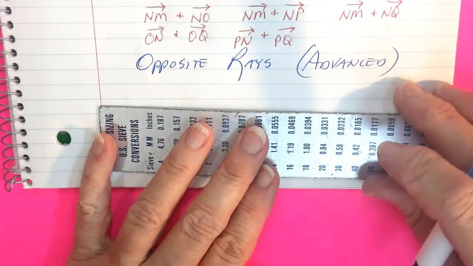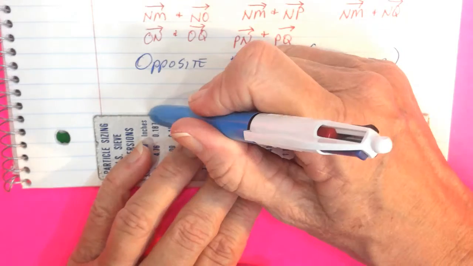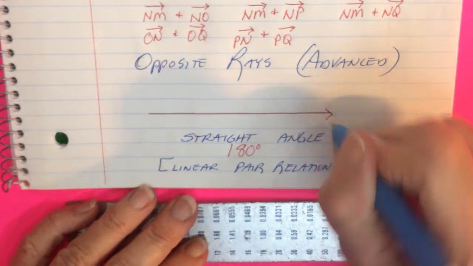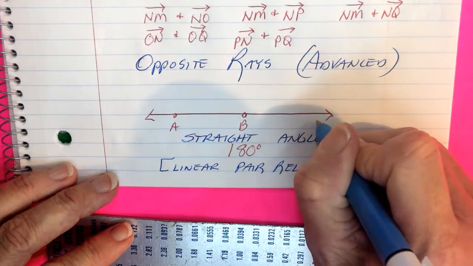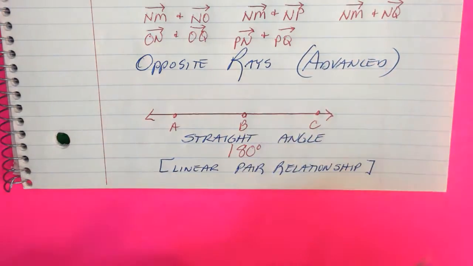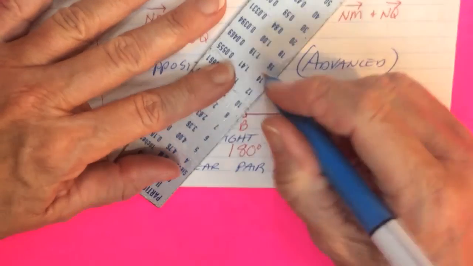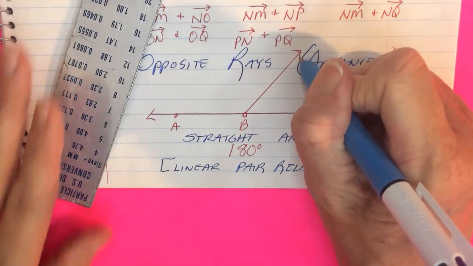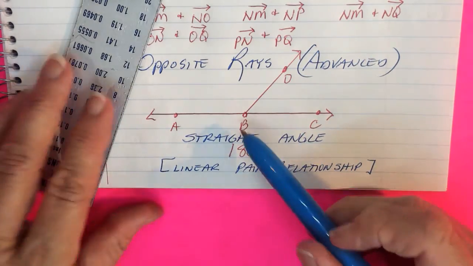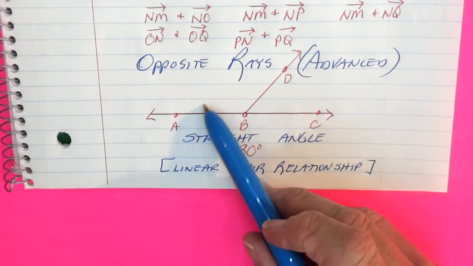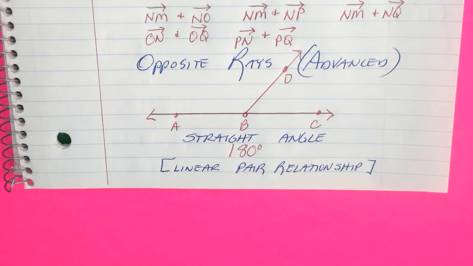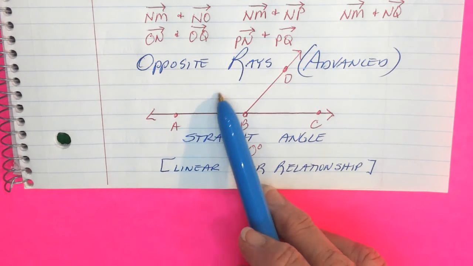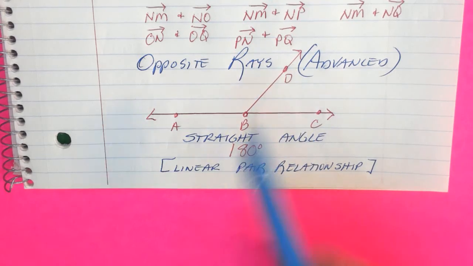If you had opposite rays here, we'll go A, B, C, and you had a random point off of that line, such as D. When you connect B to D for a ray, you end up with two adjacent angles that share a line. Therefore, they're a linear pair that we've studied before. Okay, linear pairs are always two angles that are adjacent and they're supplementary.